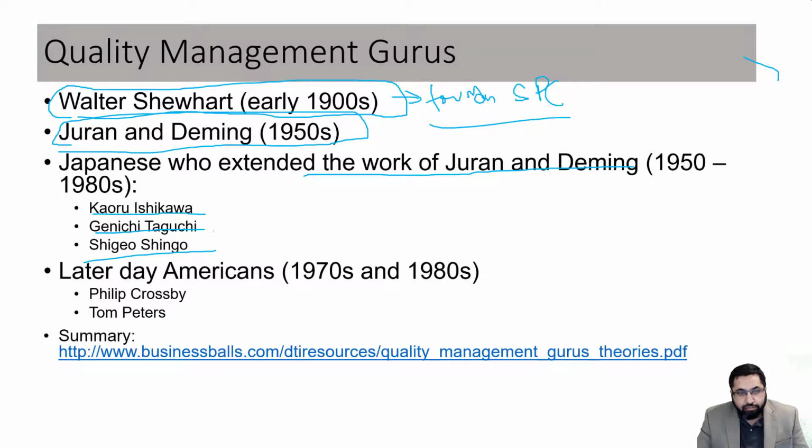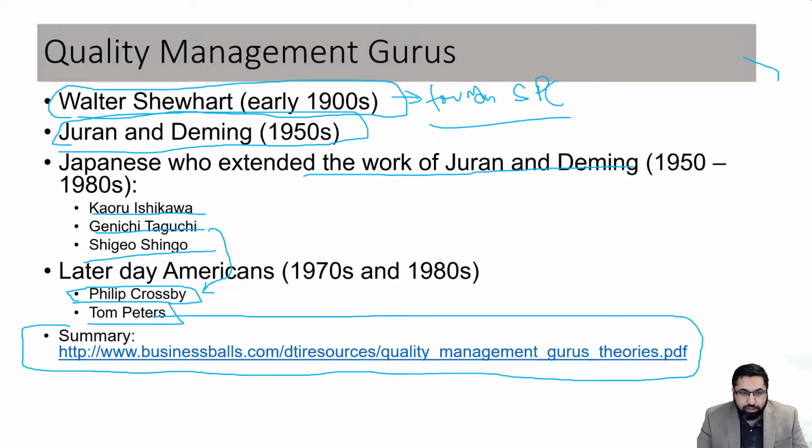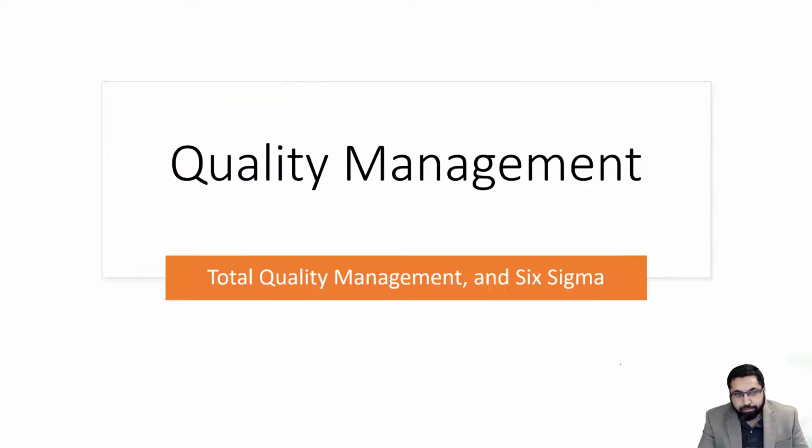And then as Japanese ideas flowed back into the US, some US quality gurus picked up and added to the conversation, including Philip Crosby and Tom Peters. So here is a good summary of the history of quality management. You can read this resource and also read more about these people if you're interested.